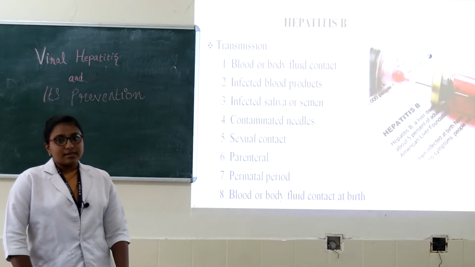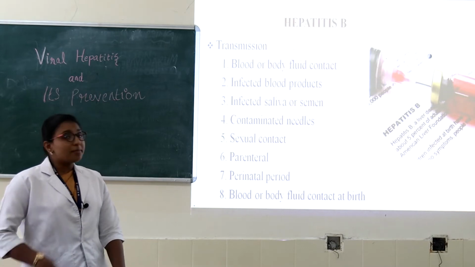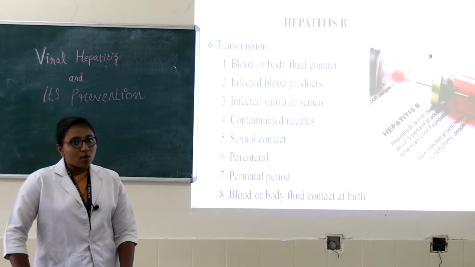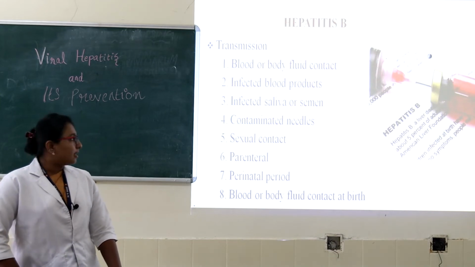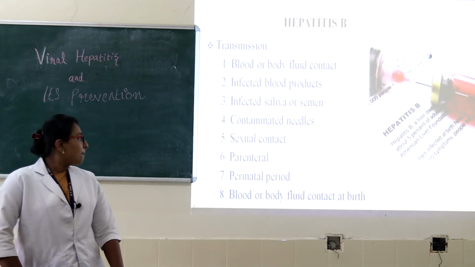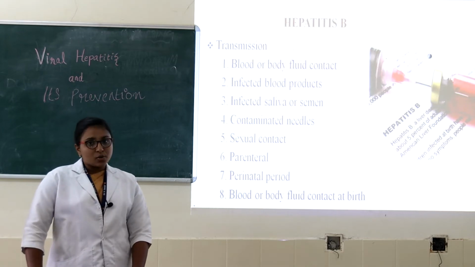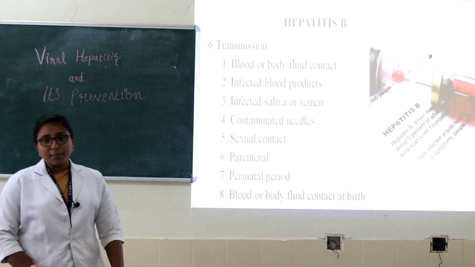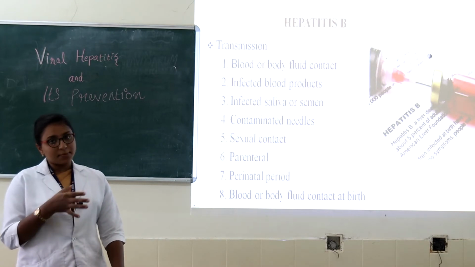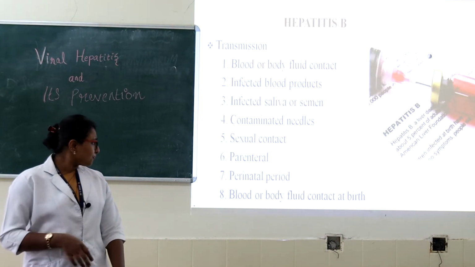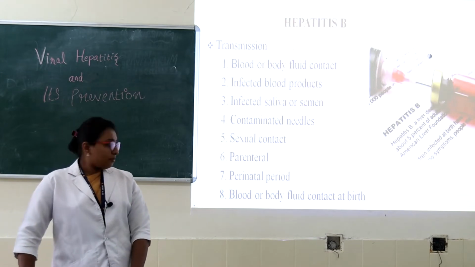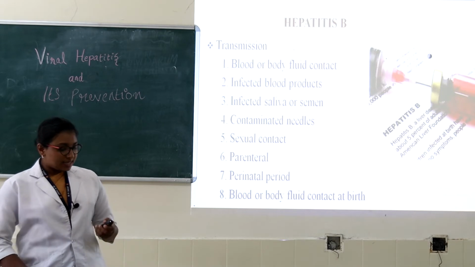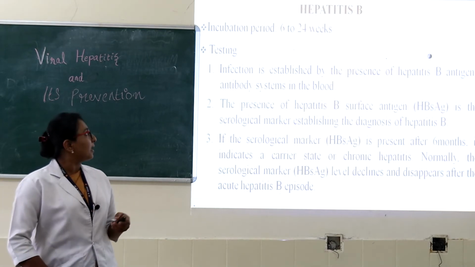Other possible transmissions are infected blood products, infected saliva or semen, contaminated needles, sexual contact, and the parenteral route, that is during pregnancy from mother to baby, then the perinatal period, that is blood and body fluid contact during the birth time or delivery time. This is regarding the transmission of hepatitis B.